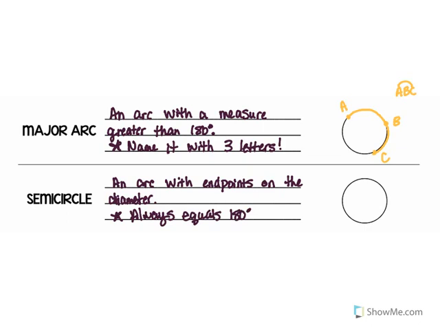This is another case where you have to name it with 3 letters just because there is no shortest distance to take. So we kind of need to know which side it is. So I'm going to say the center is P.